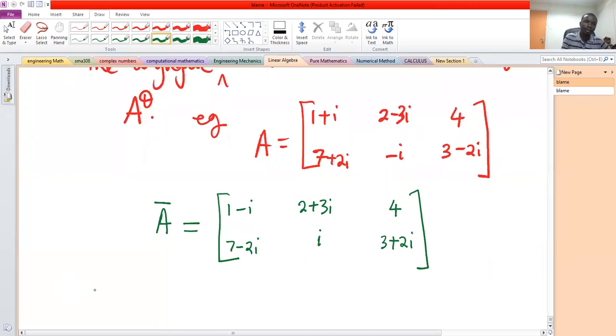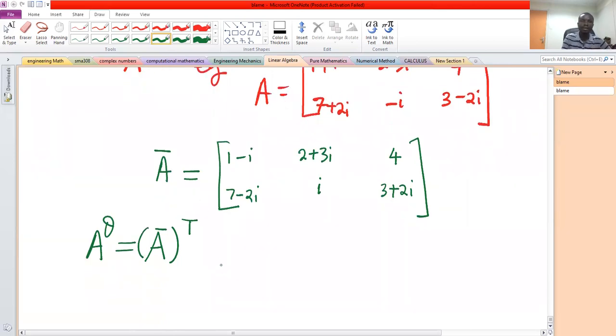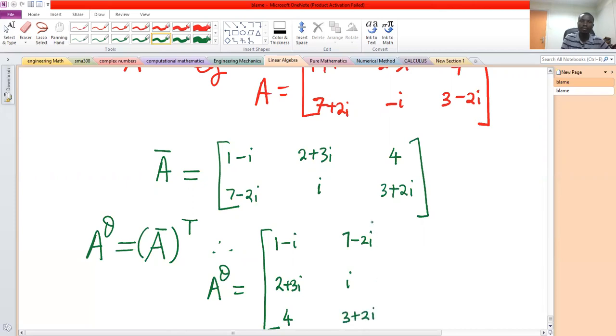A power theta is the same as the transpose of the conjugate matrix. So now we simply get the transpose of this new matrix. A power theta is this matrix: 1 minus i, 2 plus 3i, and then 4, and then here we have 7 minus 2i, i, and then 3 plus 2i.